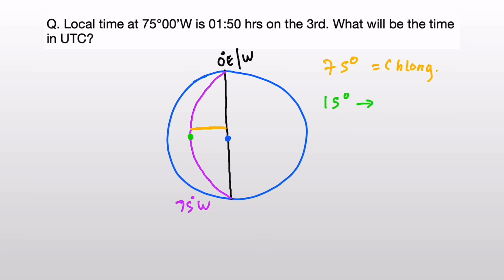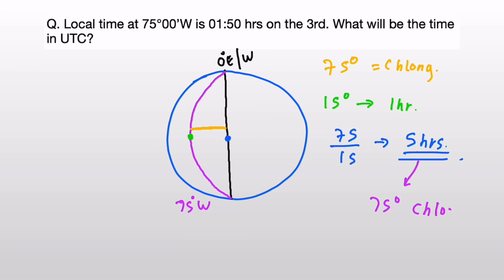I know that the Earth is covering 15 degrees in 1 hour. So how much time will it take to cover 75 degrees? I'll just divide 75 by 15. It comes out to be 5 hours. So the Earth will take 5 hours to cover 75 degrees change in longitude.